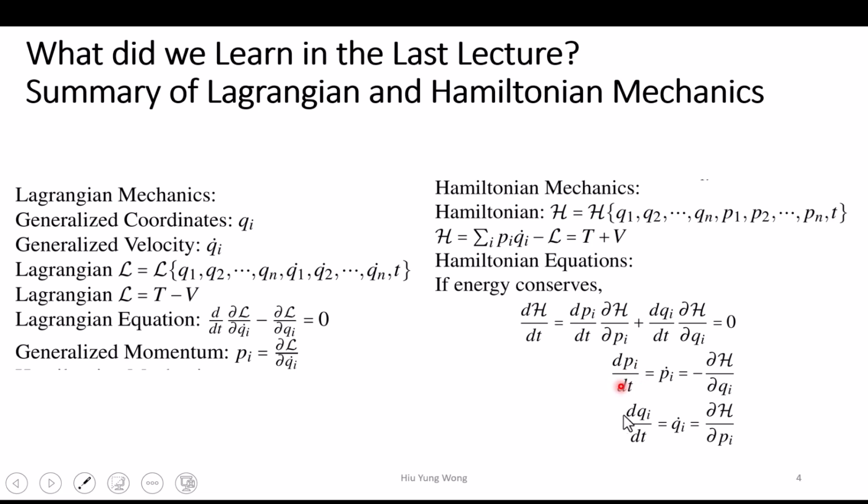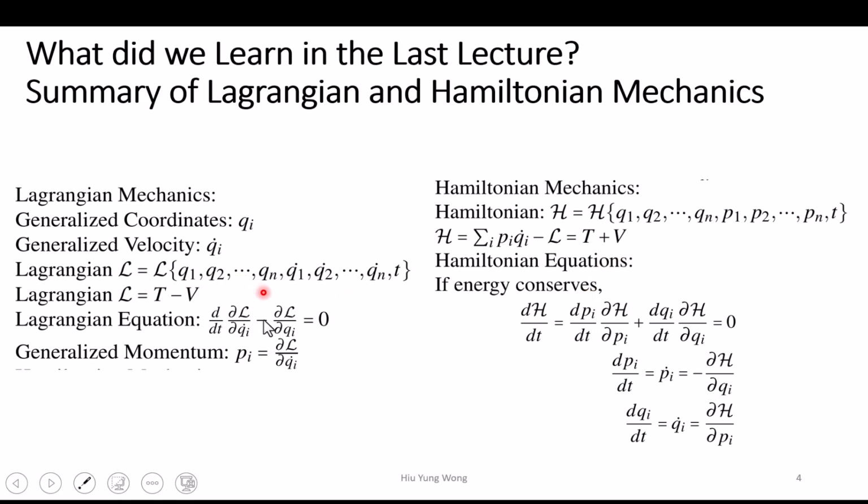And from here, we find that it has two equations. The rate of change of the momentum equals negative partial H partial q, which is the coordinate, right? And then the rate of change of the coordinate, which is the velocity, is partial H partial p. Now, this review did not give you anything new. The most important thing is that we have the Lagrangian and Hamiltonian, you take them for granted.